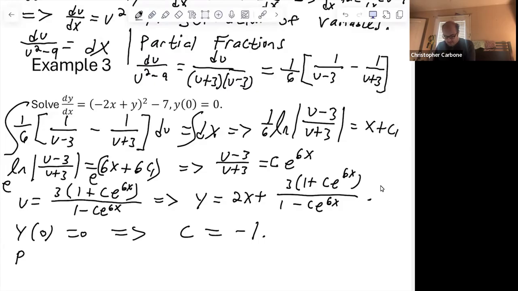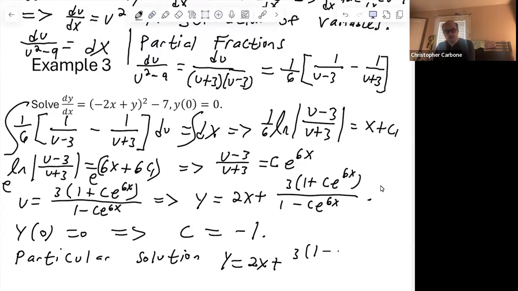So our particular solution is going to be y is equal to 2x plus 3 times 1 minus e to the 6x divided by 1 plus e to the 6x as that particular solution for this.